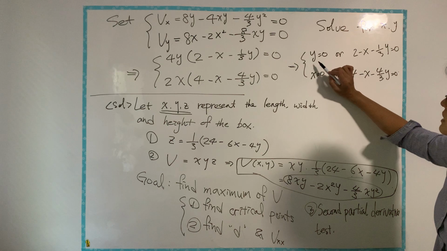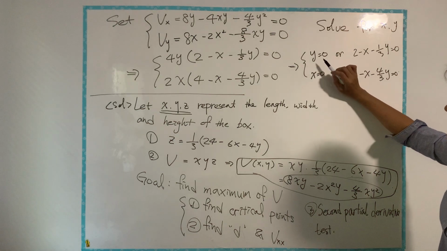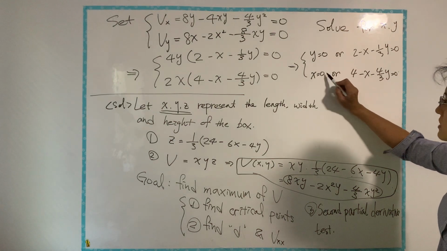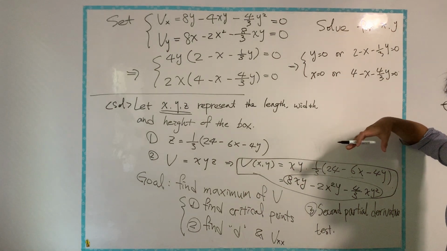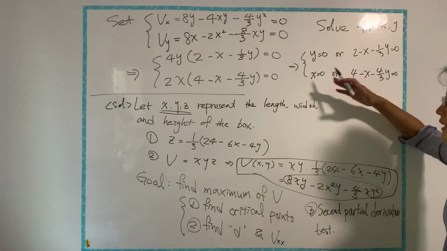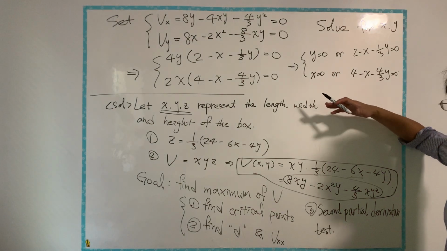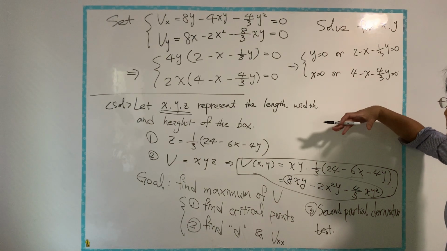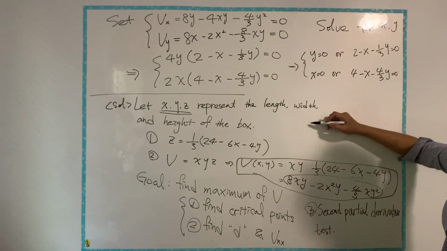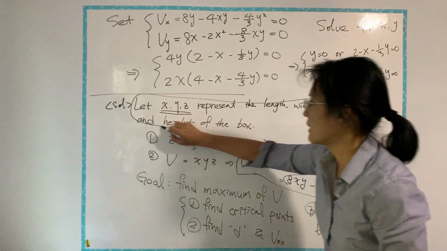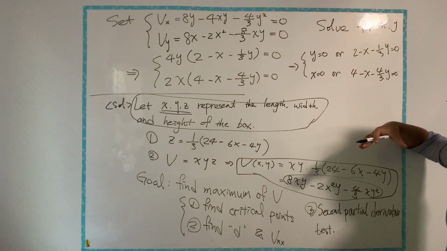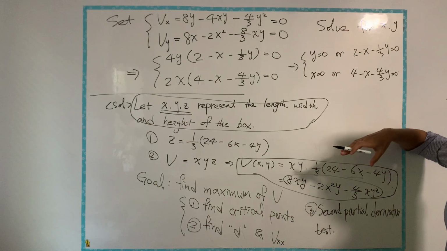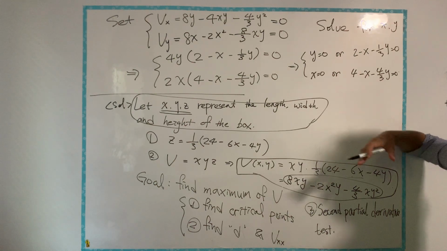So I know that if x equals 0, this will not give me maximum volume because I don't have a volume. If y equals 0, I again don't have maximum volume. And that comes from the assumption that x, y, z represent the length, width, and height of the box. Okay?